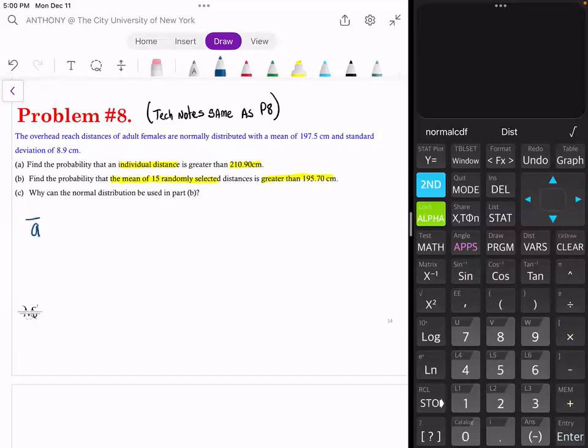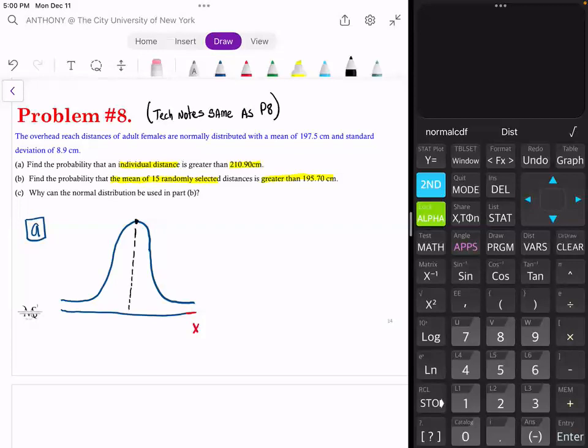So for part A, first of all, since it says individual value, and I know that the distribution is normal, I can draw this bell-shaped curve. And I'm looking at this in terms of x. So x in this problem represents the overhead reach distance. Now, at the center of your distribution is the mean.